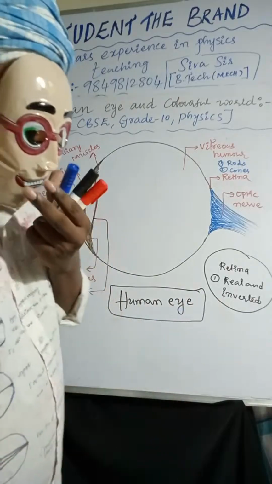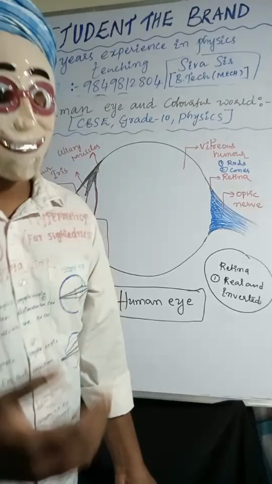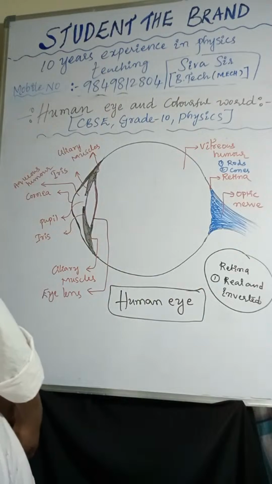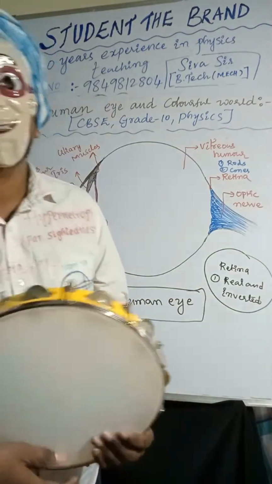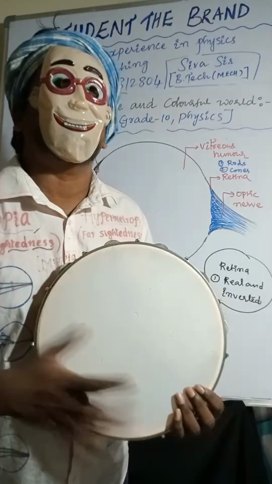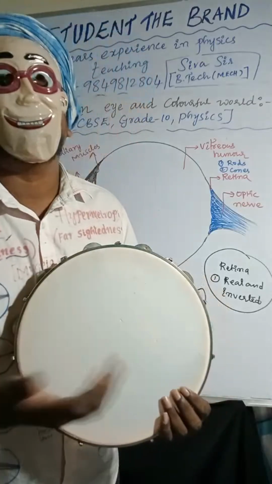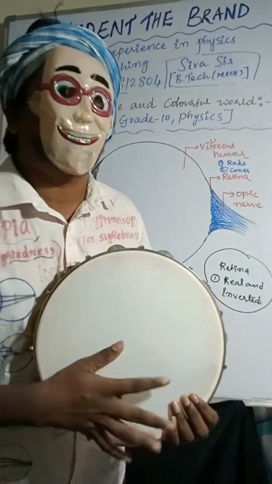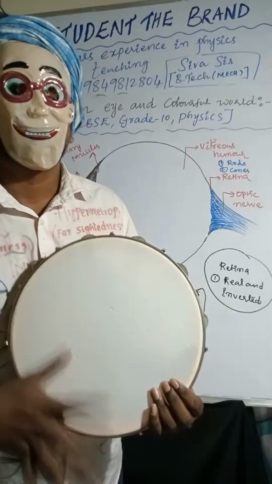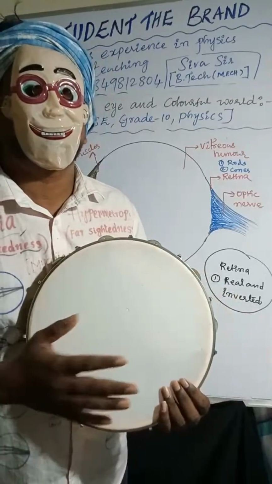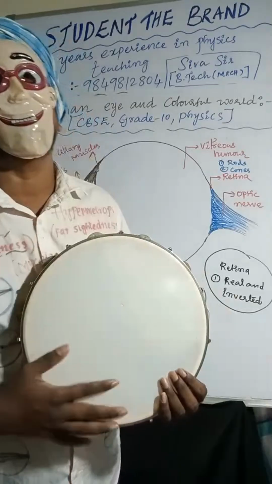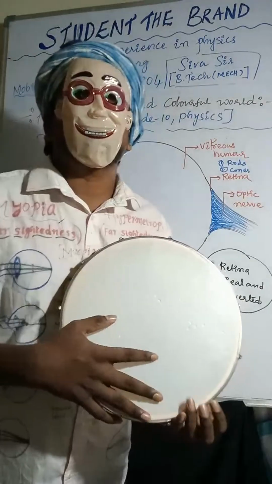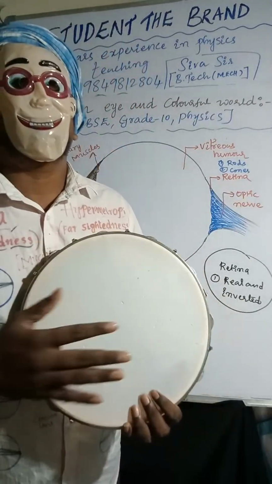Next, we are going to myopia. As I said, in myopia, near distance we can see, far distance we can't see.